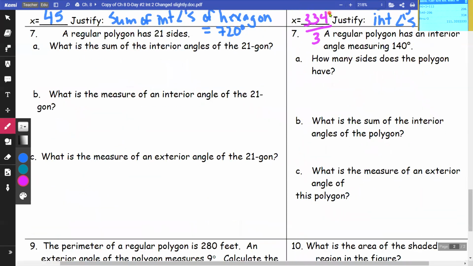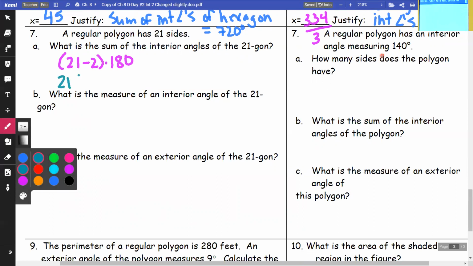On number 7, for this one, we have a regular polygon that has 21 sides, and we want to know the sum of the interior angles. So I am going to take 21 minus 2 times 180, or 21 times 180 minus 360. Both of these equations work.